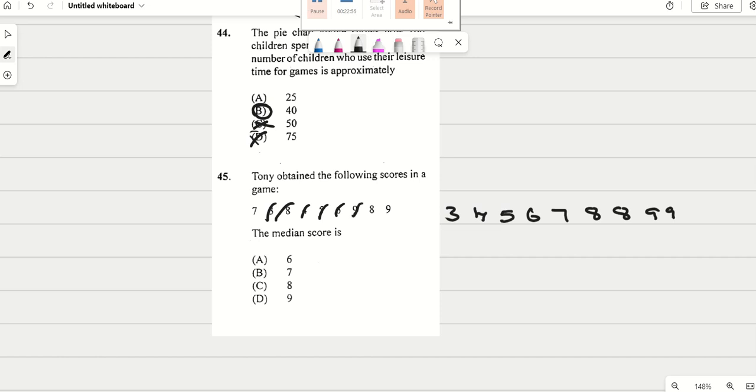So after you do all of this, you cross out the first, the last, the second, the second to last, third to last, fourth to last. So your answer is 7. Yeah, and this is how you do number 45. Right, and that is the end of January 2016, numbers 23 to 45.